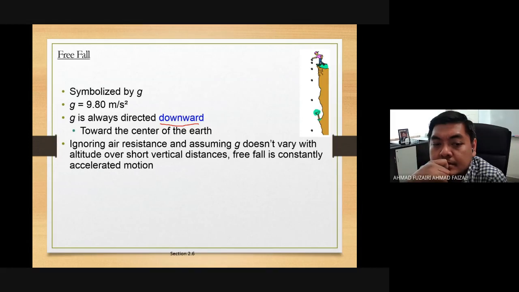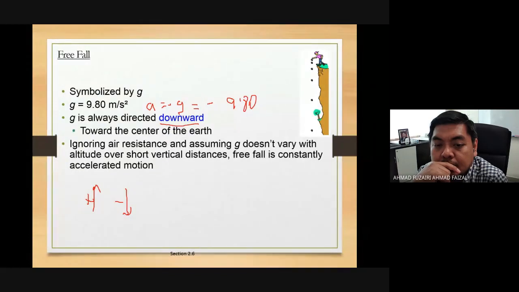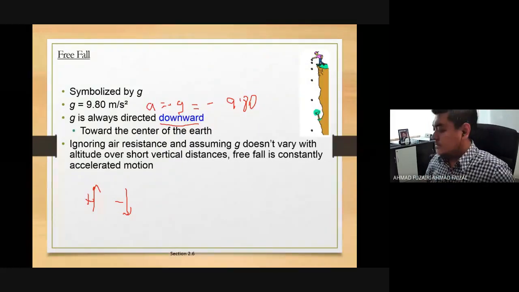It's conventional to define up as a positive and down as a negative. So, in this case, the gravitational acceleration is A equal to negative g equal to negative 9.8 meter per second square. Ignoring air resistance and assuming g doesn't vary with altitude over short vertical distance, free fall is constantly accelerated motion.